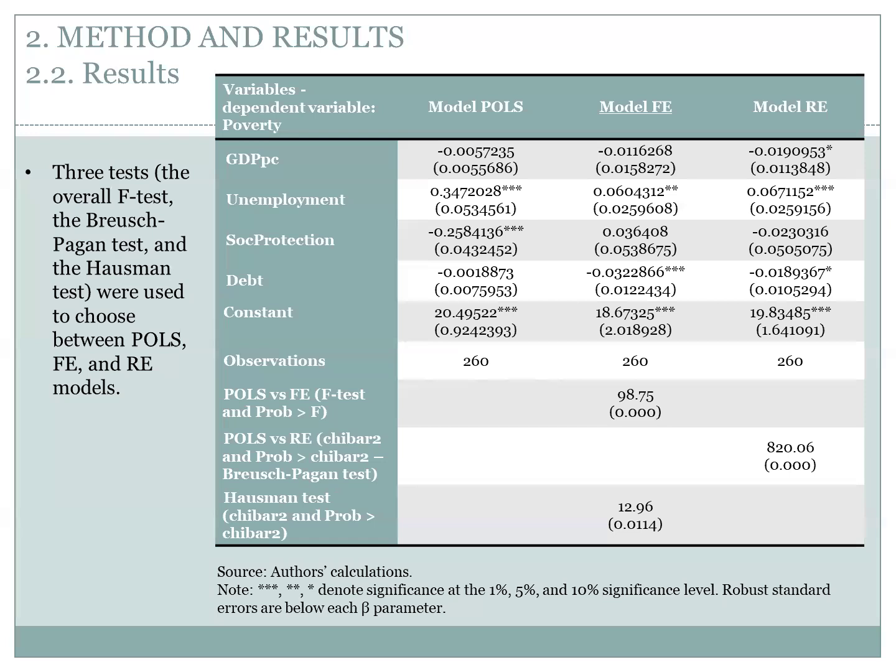Regarding GDP per capita, we expected it to have a statistically significant impact, and we expected that in countries with higher GDP per capita, poverty levels will be lower. However, our results indicate that this effect is not significant.